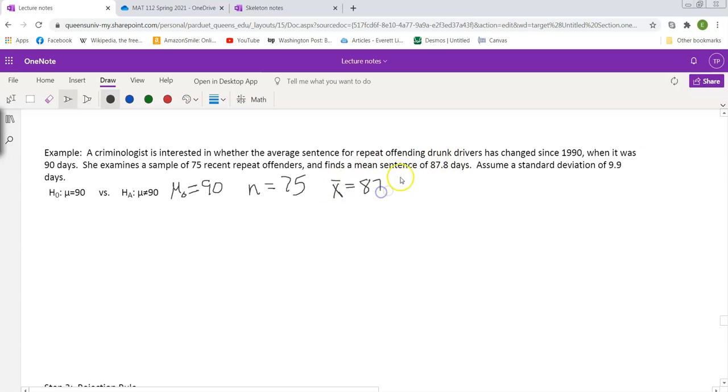And you may have to read the problem carefully to pick out which one's the sample mean and which one's the hypothesized value. In this case, you need to realize that this sample of 75 is where this 87.8 came from. Whereas up here with the 90 days, that's what we're trying to compare to.